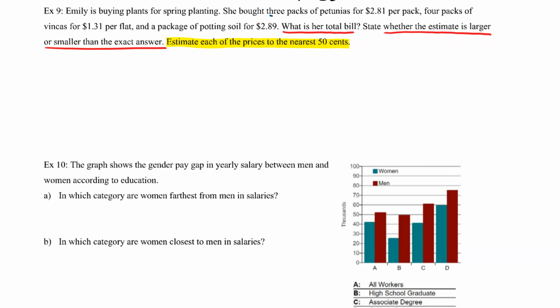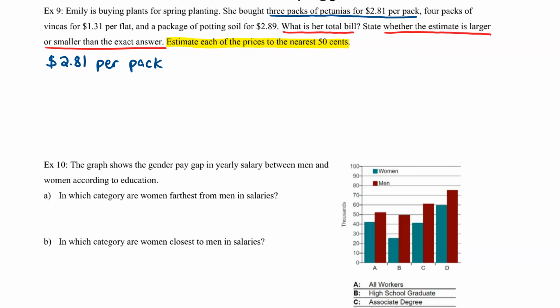we know, Emily bought 3 packs of petunias for $2.81 per pack. Now, we do want to estimate the prices, but notice it says estimate to the nearest 50 cents.